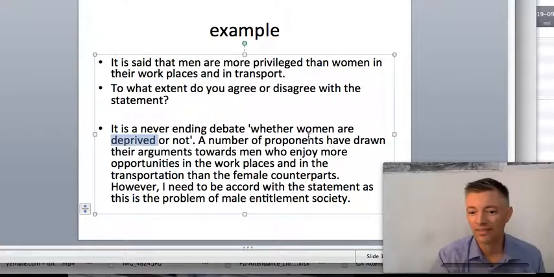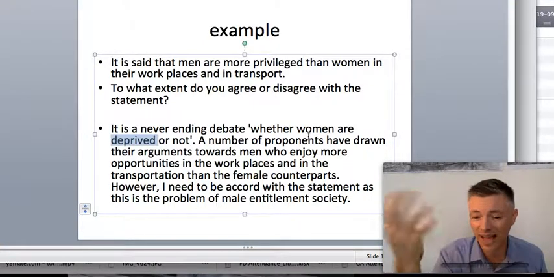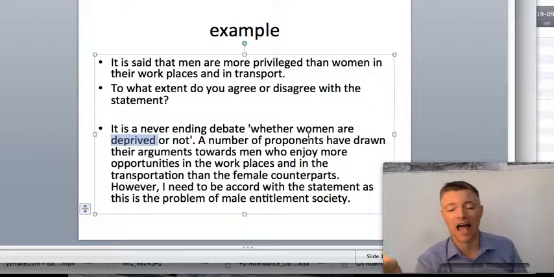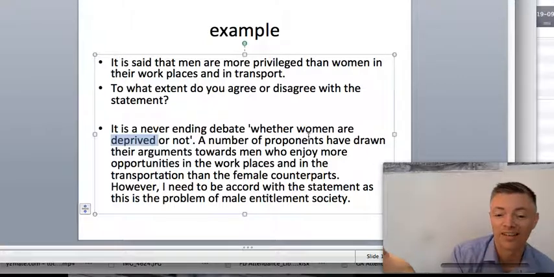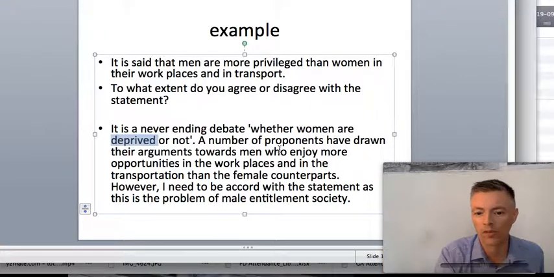And where do you get this from? This is academia, right? This is an academic question. Your examiner is an academic person. They're just going to go, okay, who are these proponents? That's nonsense. Okay? Who enjoy more opportunities in the workplaces and in the transportation than the female counterparts?